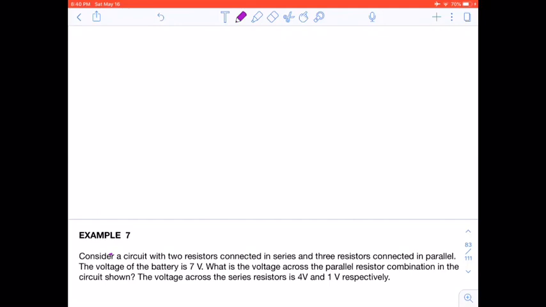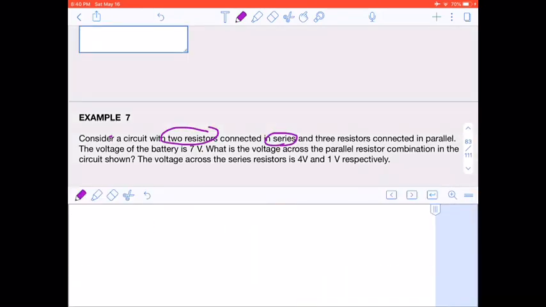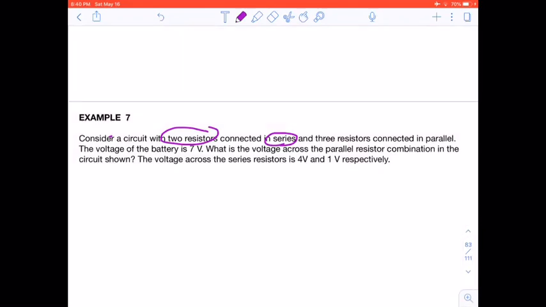Right, now let's look at the next one. Here we consider a circuit with two resistors connected in series, and then three resistors connected in parallel, and the voltage of the battery is 7 volts. So let's look at this one.